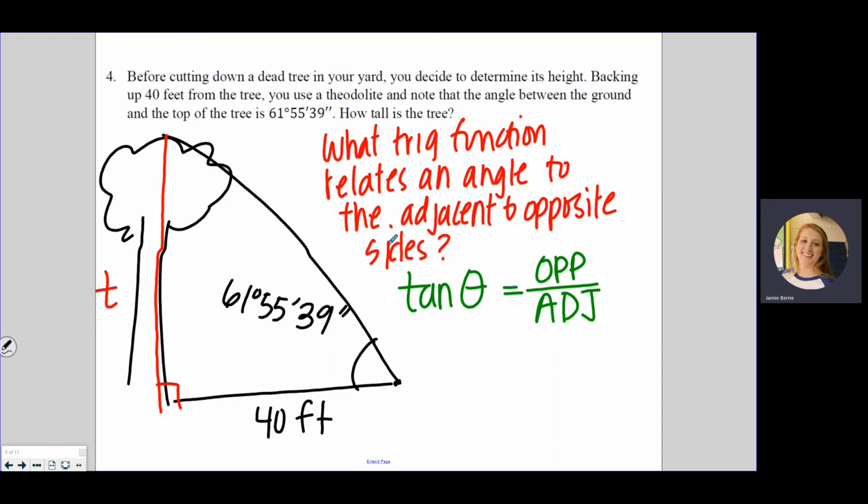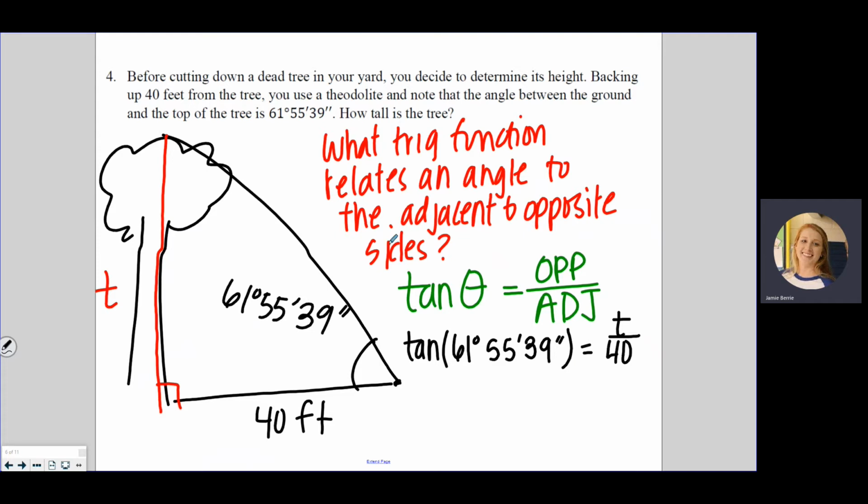Tangent of 61 degrees, 55 minutes, 39 seconds equals opposite over adjacent. Opposite side was T, adjacent side was 40 feet.